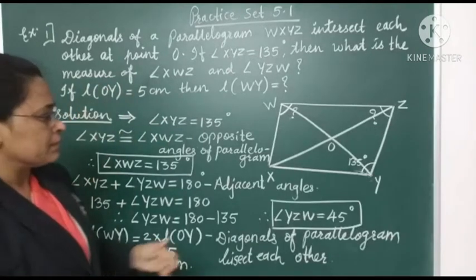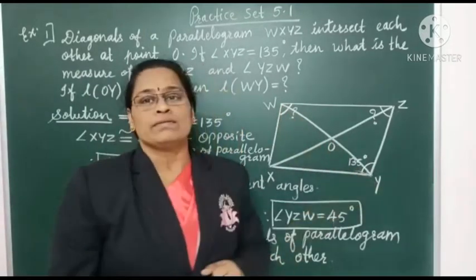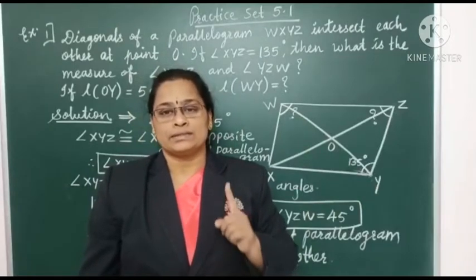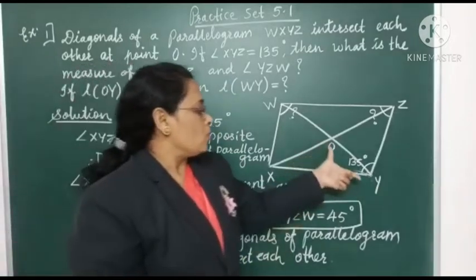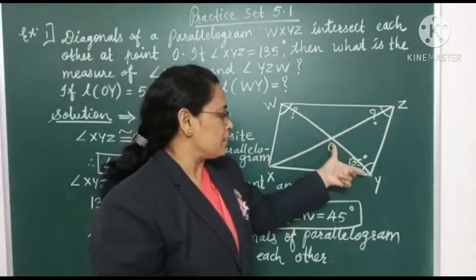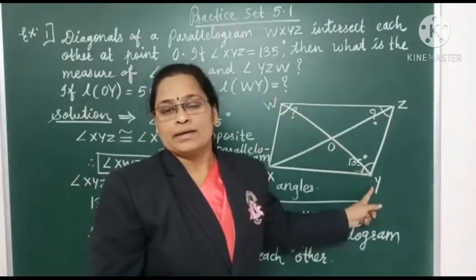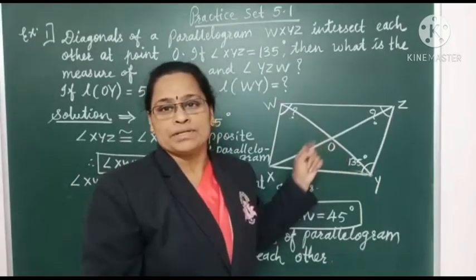The remaining one is the diagonal. Length OY is given, and we have to find WY. We have learned the diagonal property of the parallelogram: diagonals of a parallelogram bisect each other. OY is 5 centimeters, so its double will be WY, because WO and YO are of the same measure.